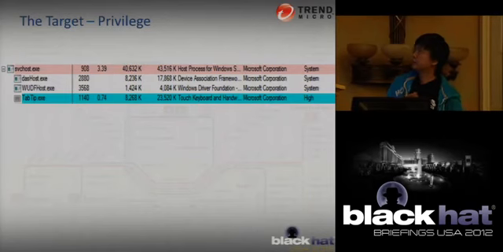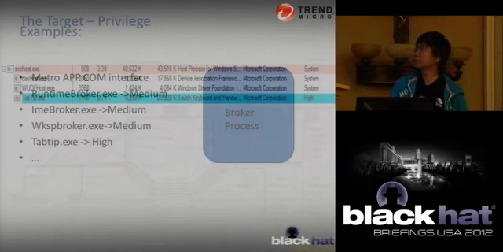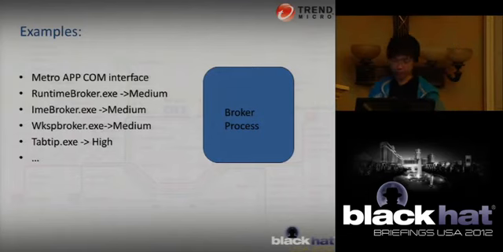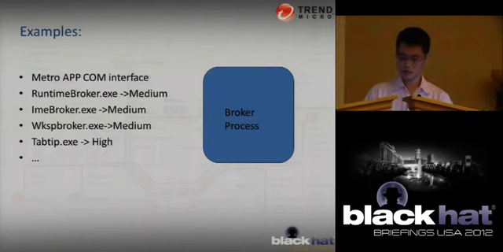High permission means something like administrator permissions. So with a compromised tech-tip COM server, you can get higher permissions. There are some common brokers, for example runtime broker, IAM broker, and WKS broker.